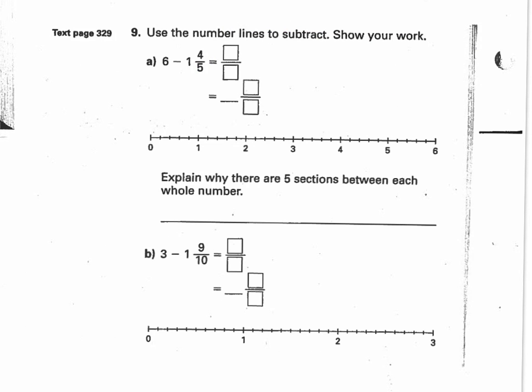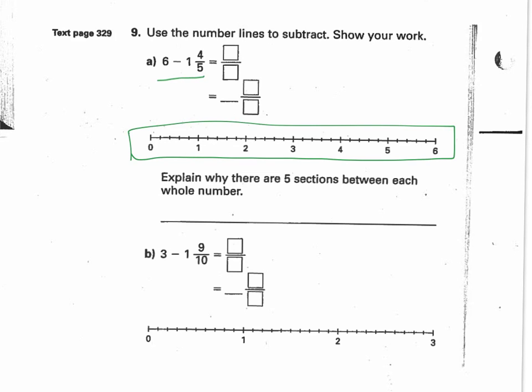Here's an example to show subtraction. 6 subtract 1 4/5. I've drawn a number line in 6 wholes. I've divided each whole into sections of 5 because that's my current denominator.